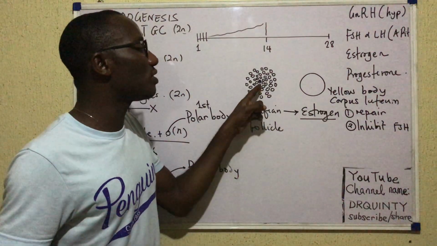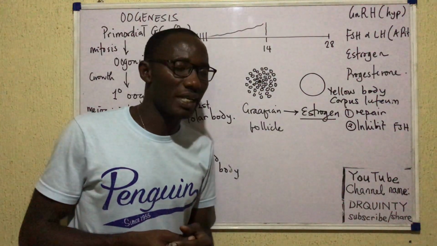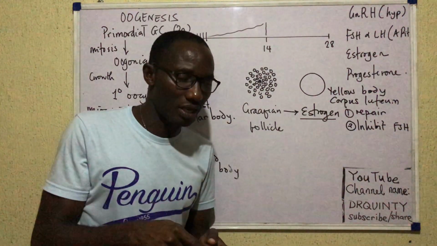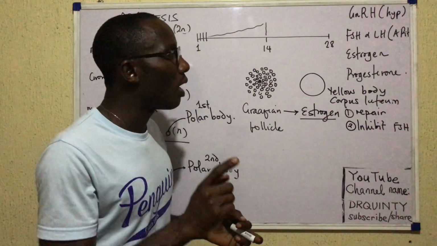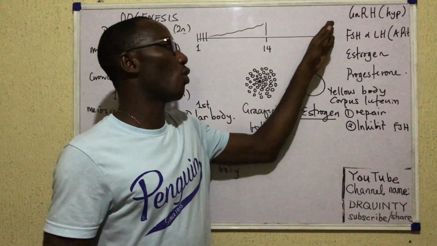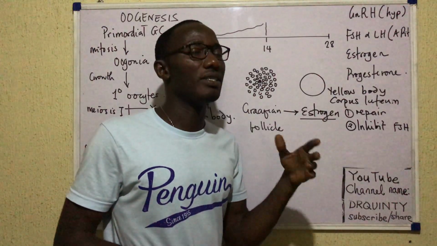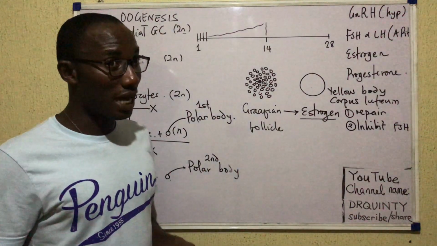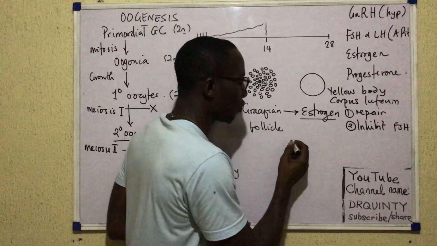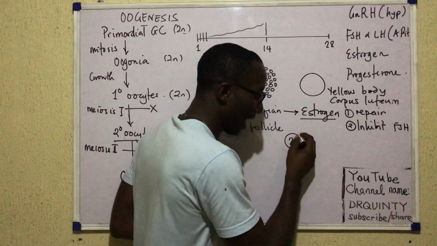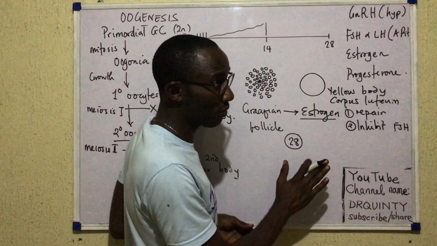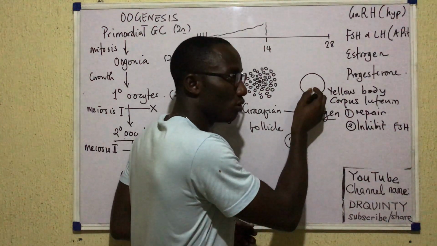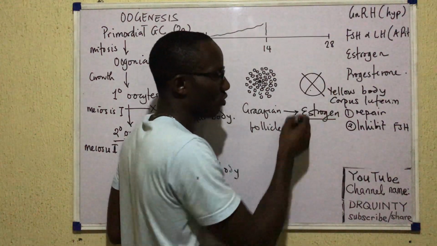But in the event of that secondary oocyte not getting fertilized, this wall would have been prepared in vain. By the time we get to day 28 and there's no fertilization, this corpus luteum dies, it ruptures.